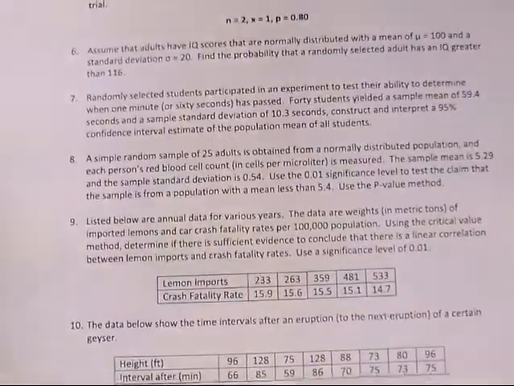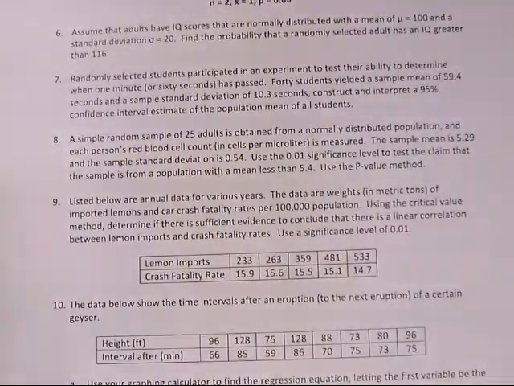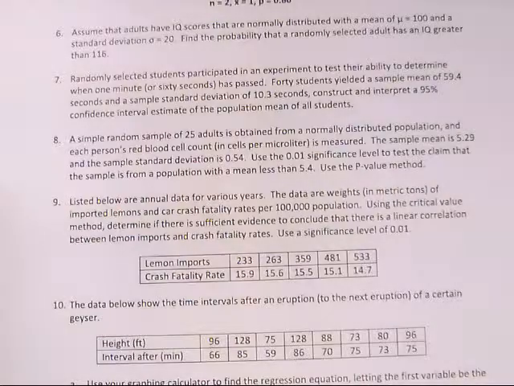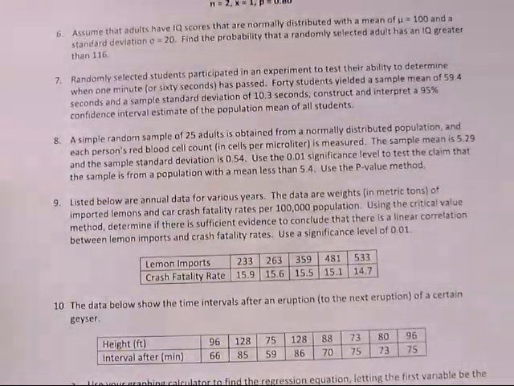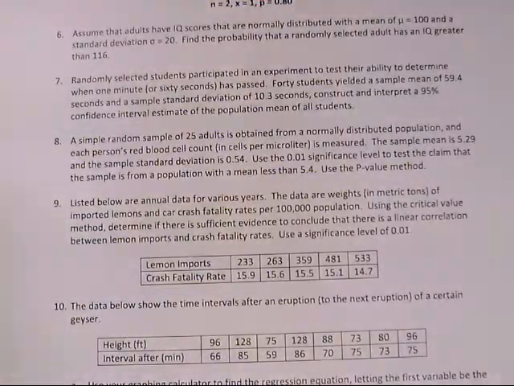Okay, problem number 9. Listed below are annual data for various years. The data are weights in metric tons of imported lemons and car crash fatality rates per 100,000 population.